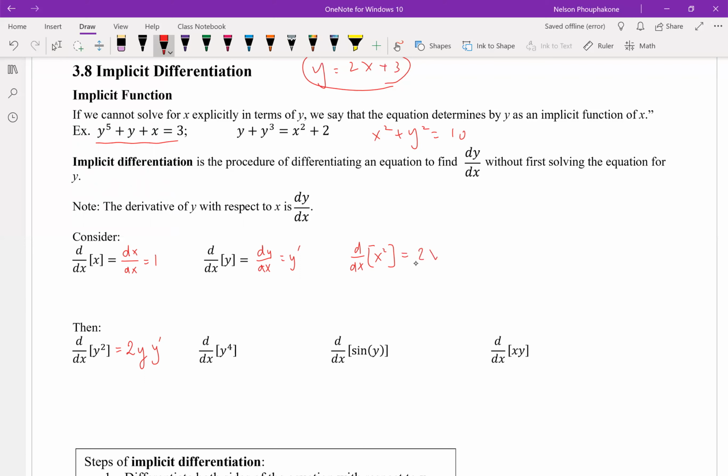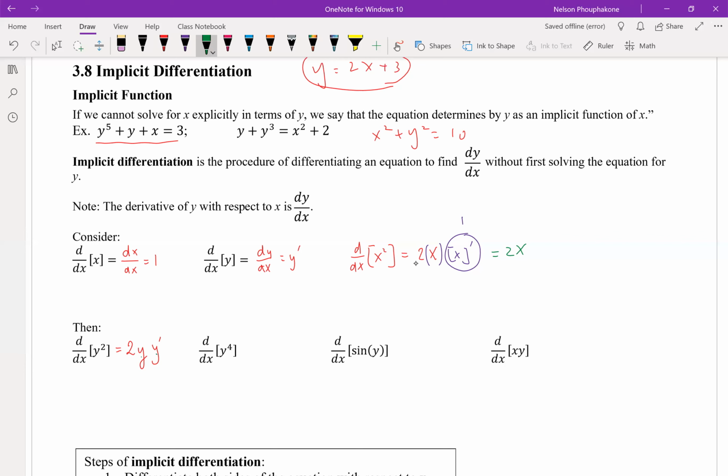That is 2x, and you could consider that this x is my inner function. The derivative of the inner function x is 1, so the answer is still 2x. However, when we take the derivative of y squared, we have 2y, and the inner function is y, so its derivative is y prime. The answer is 2y y prime.